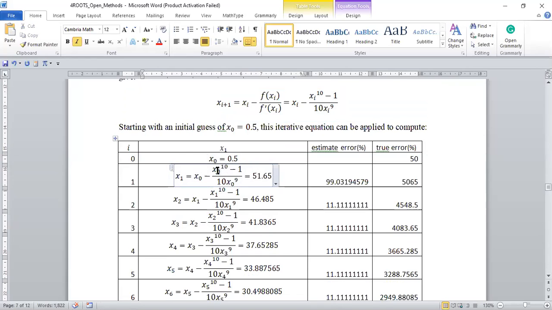So 0.5 will be here, and 0.5 will be here. So you calculate the next value of the root. For the second iteration, you have x1 here. You know x1 from the previous value, which is 51.65. You just put it in here, and you get the new value. For the third iteration, you just continue like that.